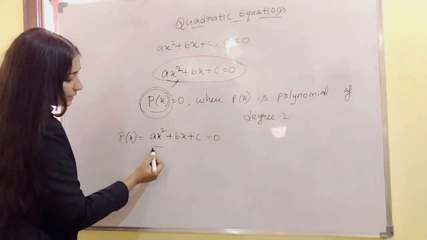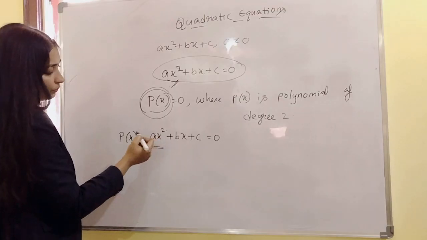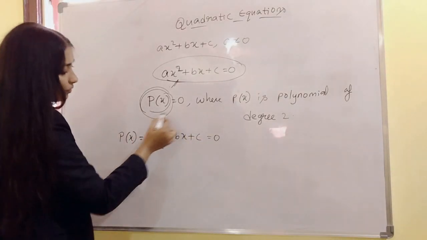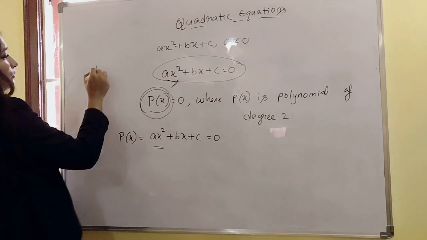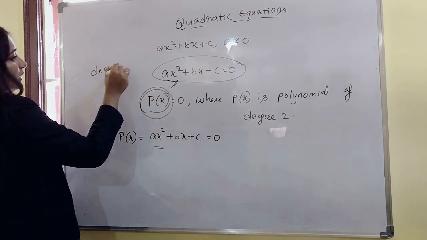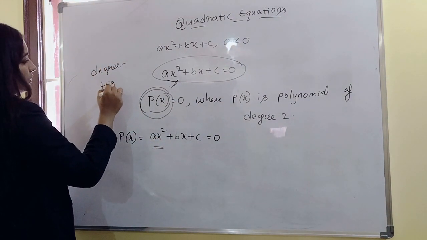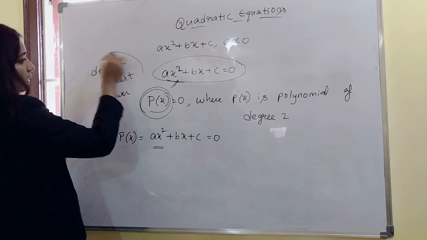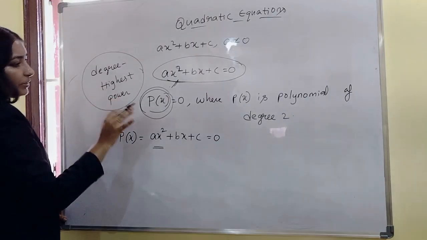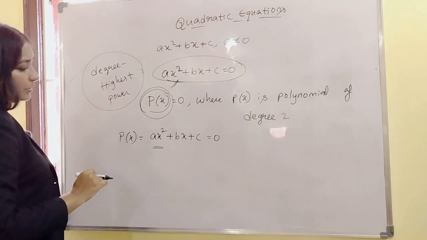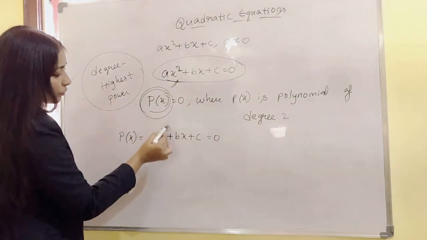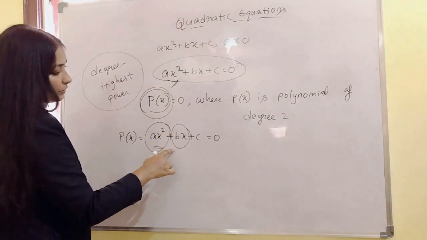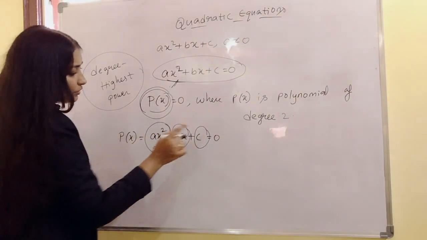Here, what is the degree of this term? 2. So the degree of the polynomial is 2. What is the degree? Degree is the highest power. You remember, the degree of an expression means the highest power of the expression. So here, what is the power of this term? 2. What is the power of this term? 1. What is the power of this term? 0.